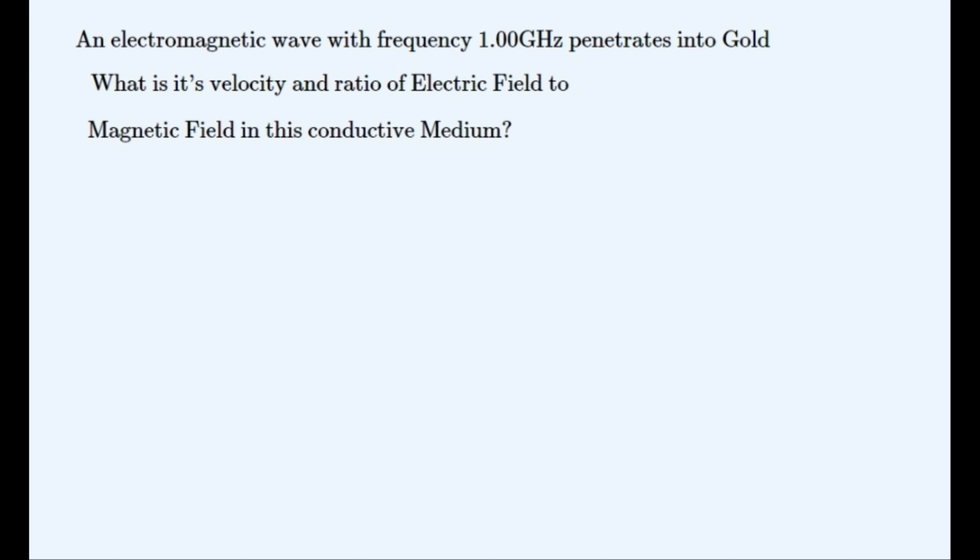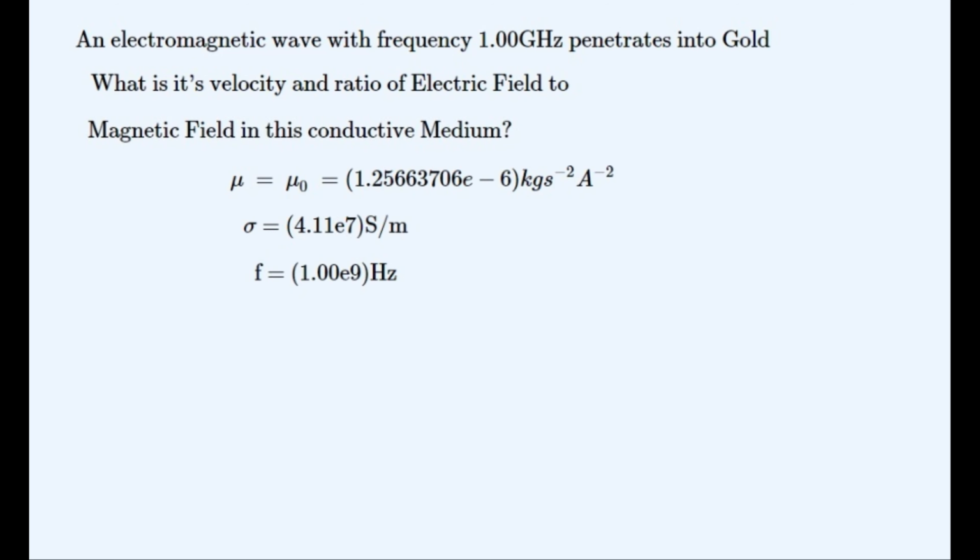And now to get the velocity of this wave and the ratio of electric to magnetic fields of this same wave. We'll start with finding the velocity. We'll use the permeability of free space because the frequency is too high for the material to respond. We'll look up the conductivity of this material from a table, and we've been given the frequency, and we'll write it out again in algebraic form.